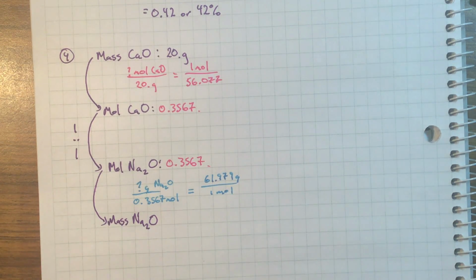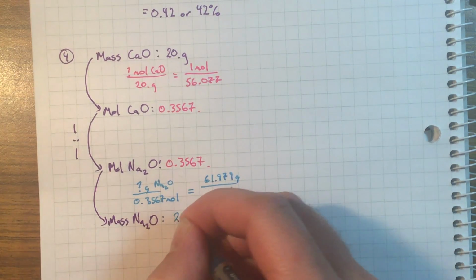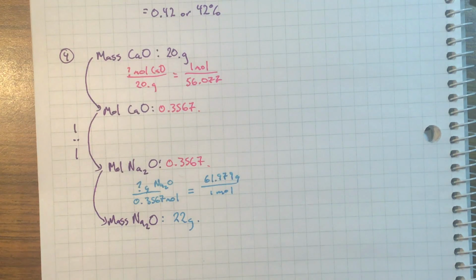So we multiply it by that 0.3567 number. It'd be 22 grams. There we go. So that's how much.